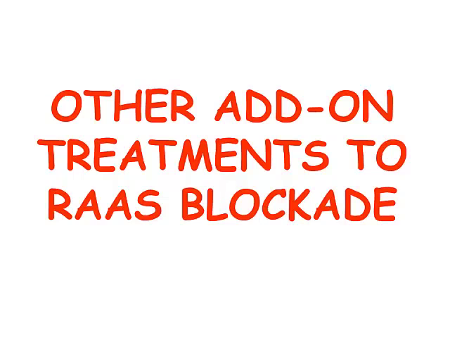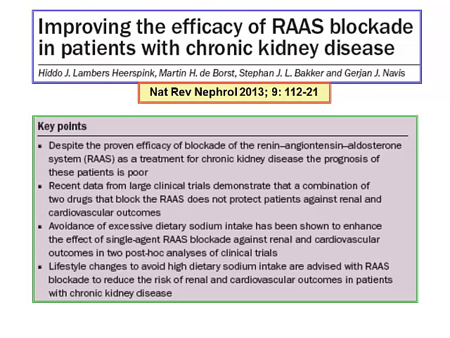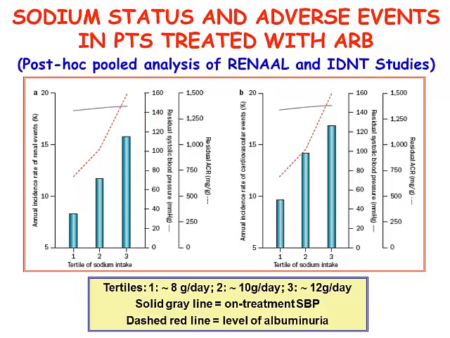We also have other papers which demonstrate that there is something more which can be done beyond the blockade of the renin angiotensin system. This paper has just been published in Nature Reviews Nephrology, and it focuses on the importance of restricting sodium intake in patients with proteinuria.